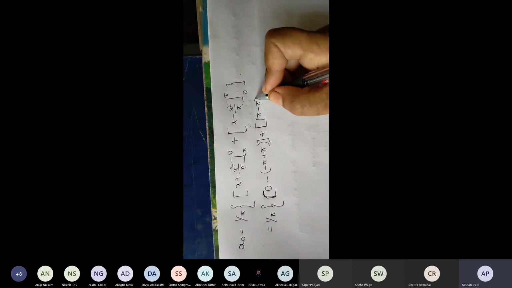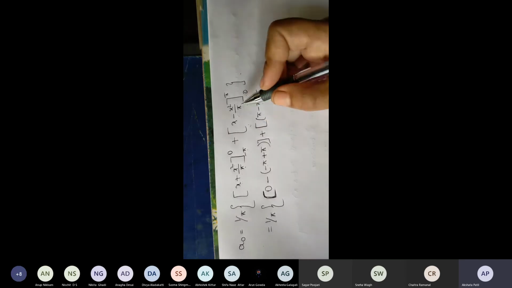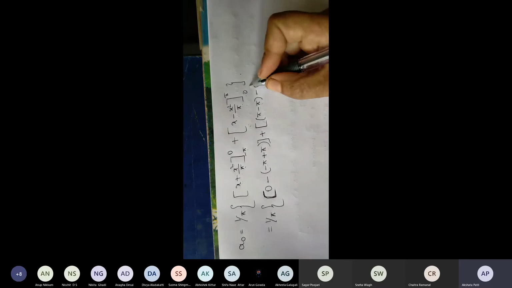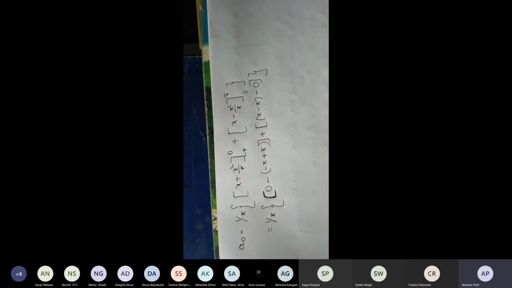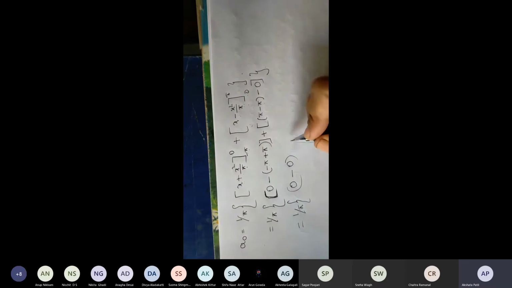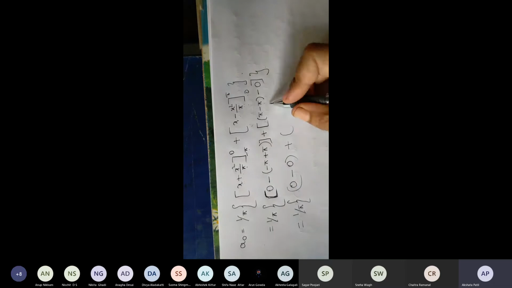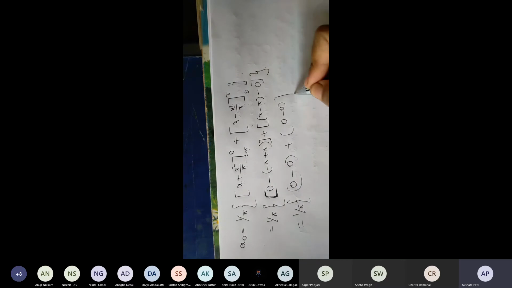Close the bracket, minus of the lower limit: 0 minus 0 by pi, is it 0? Yes. Now close the flower bracket. It means 1 by pi keep as it is. This is 0 minus of this is 0 plus this term is 0 minus of 0. It means a naught value is what?